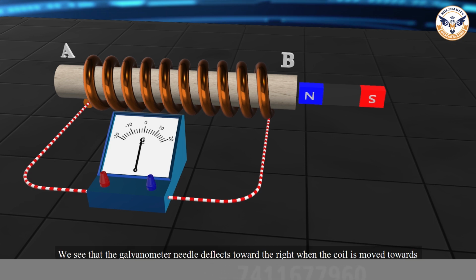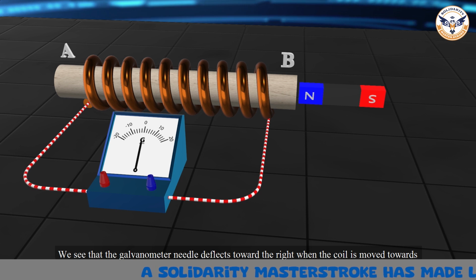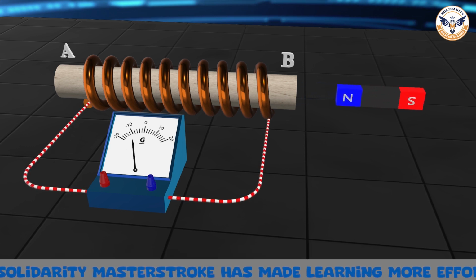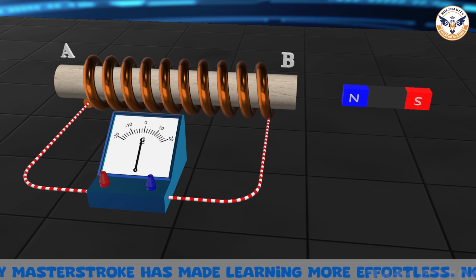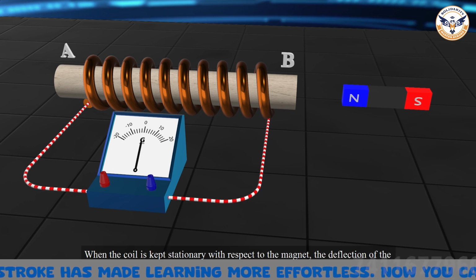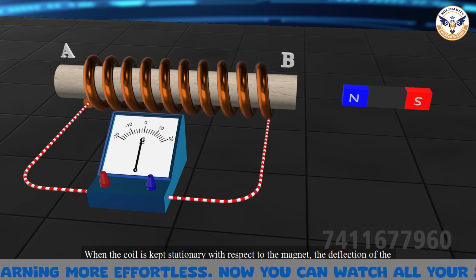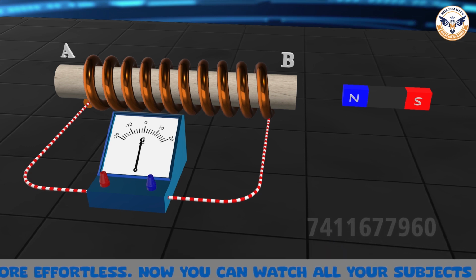We see that the galvanometer needle deflects toward the right when the coil is moved towards the north pole of the magnet. Similarly, the needle moves toward the left when the coil is moved away. When the coil is kept stationary with respect to the magnet, the deflection of the galvanometer drops to zero.